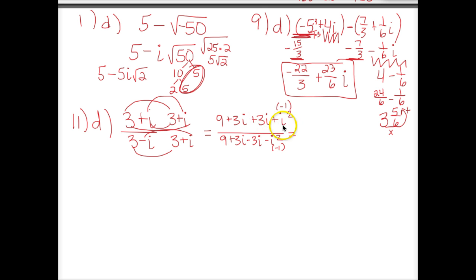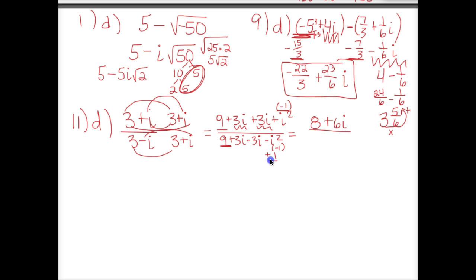And simplify. If i squared becomes negative 1, that means I have 9 minus 1, which is 8. 3i plus 3i is 6i. On the bottom, if i squared is negative 1, I now have a minus negative 1, which turns into a plus 1.